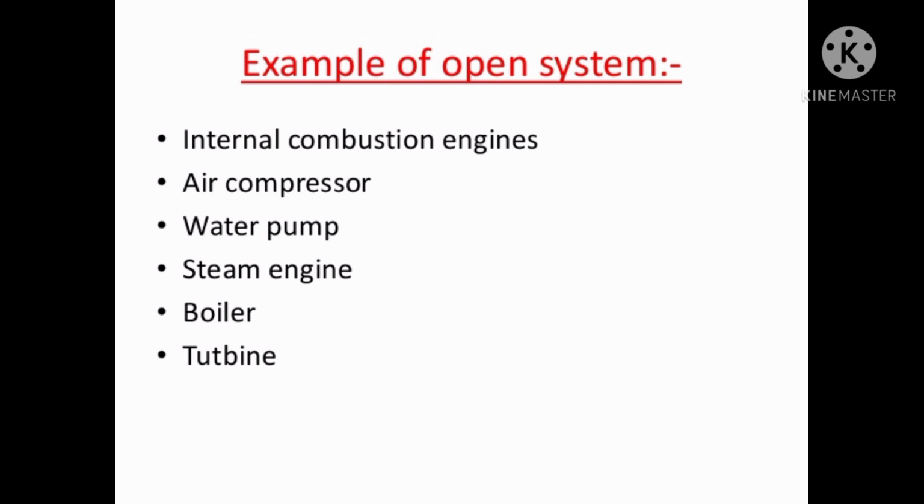Examples of an open system are: first, internal combustion engines; second, the air compressor; third, the water pump; fourth, the steam engine; fifth, the boiler; and sixth, the turbine. Here are some pictures of the examples of the open system.